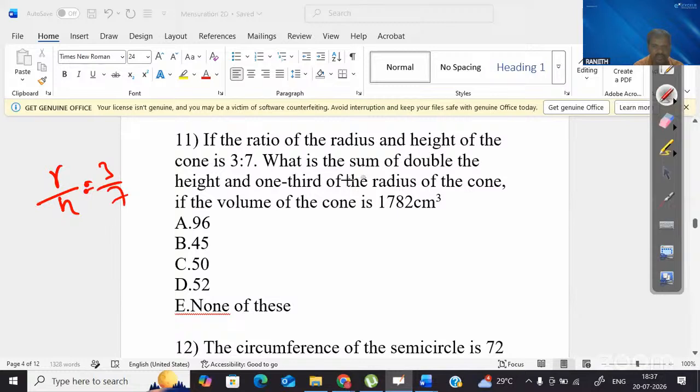What is the sum of the double the height and one third of the radius of the cone? The volume of cone is 1782. What is the volume of cone? Pi r square h.